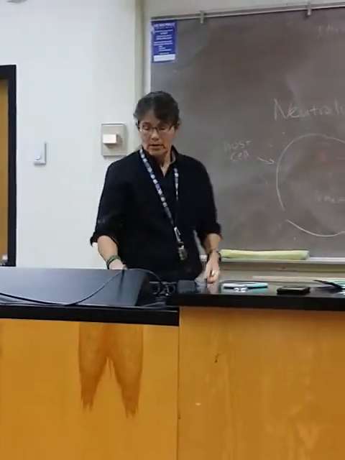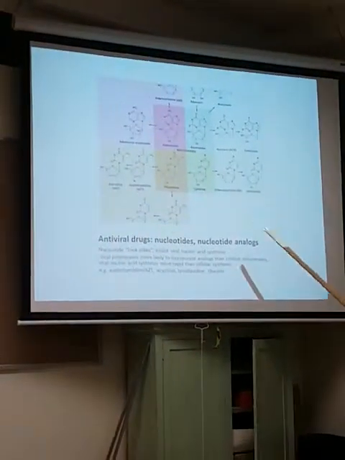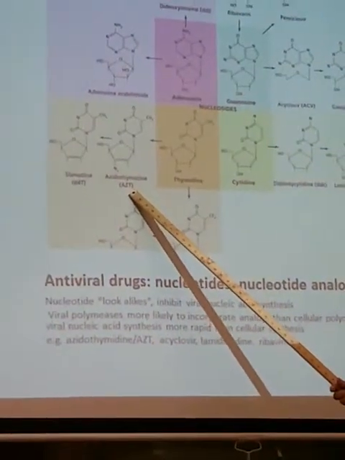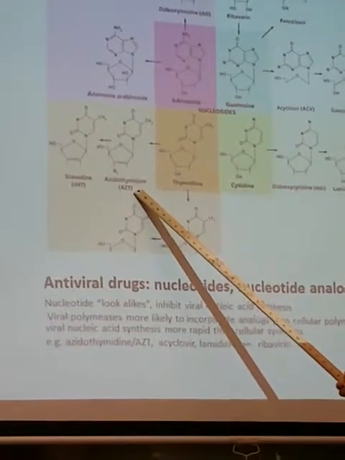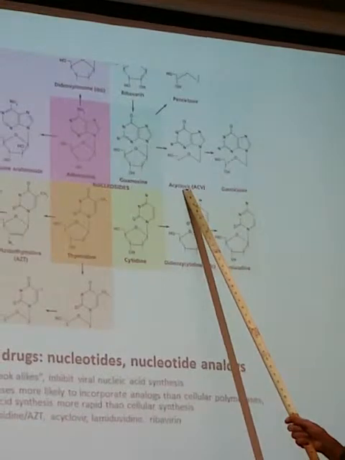Yeah. So just in general, folks, one approach has been for antiviral drugs. Some of the antiviral drugs that maybe you've heard about, for example, AZT was the first antiviral drug used to treat HIV. And another one we'll be talking about for herpes viruses, acyclovir.